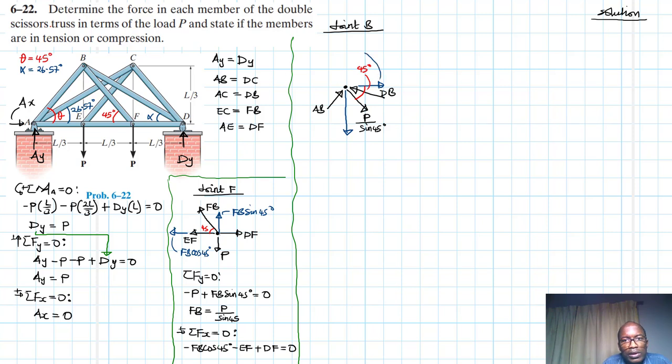Therefore, this force is P over sine 45 times cos 45, and then this one here is just equal to P divided by sine 45 times sine 45.